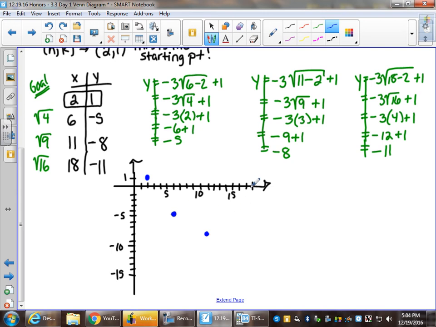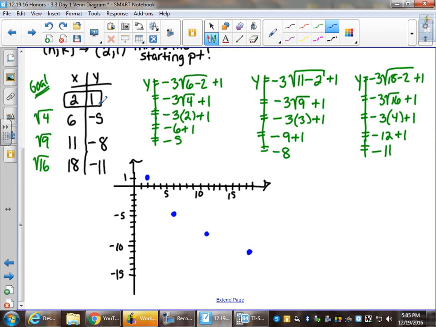And then last but not least, 18, which I know is right here. I think right there, but let me check. Here's -11. Still a little high, more like right there. So pencil is key when you're graphing.